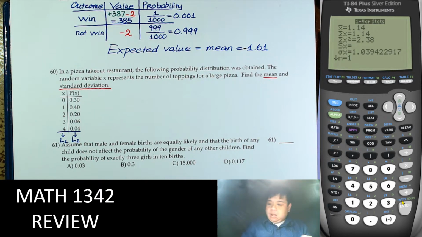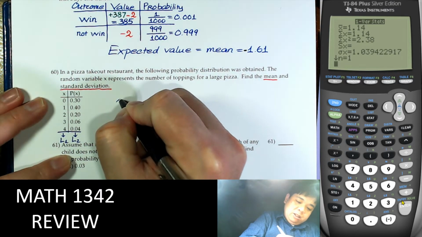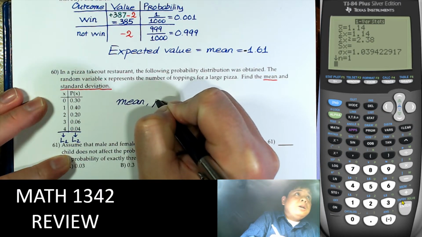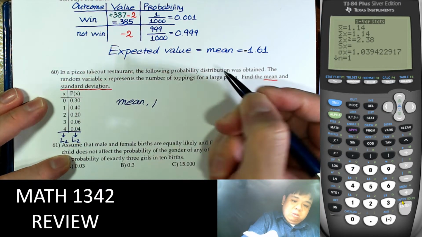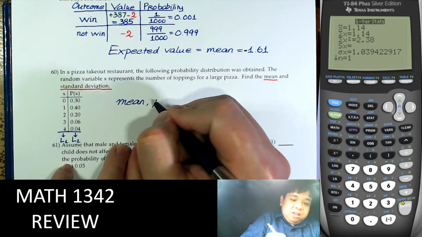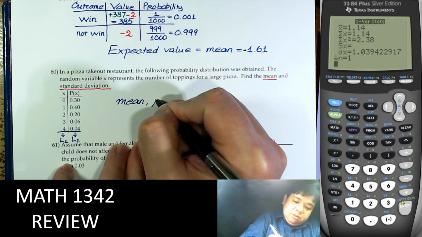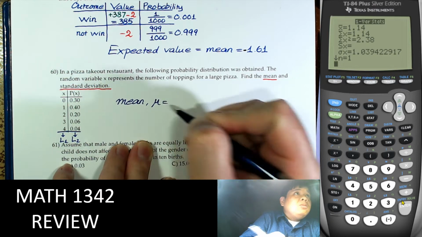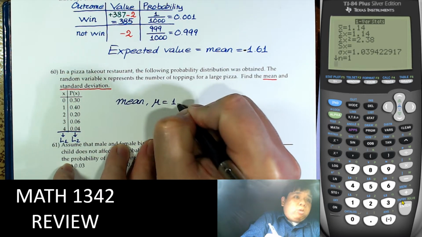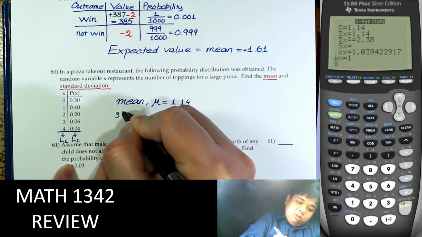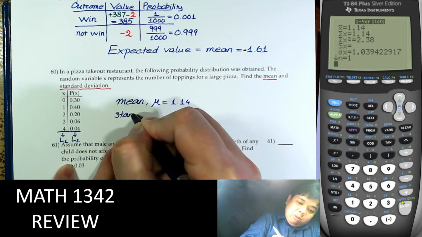Right, so we have the mean, 1.14, even though they used the sample notation, but I think for this we can just use that for the population.